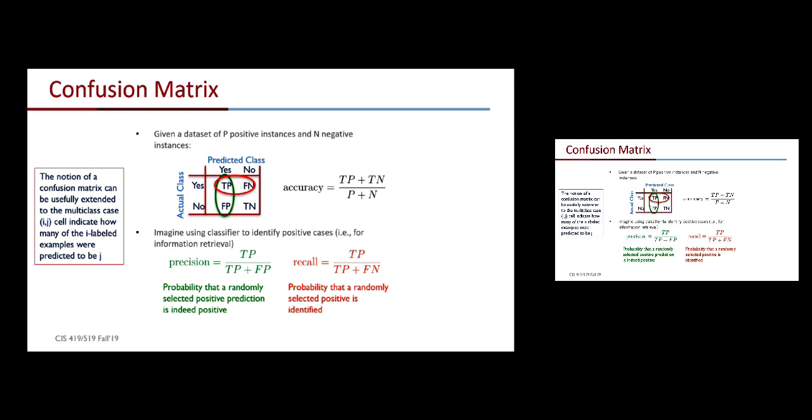And I want to mention that this notion of confusion matrix is actually quite important in general, not only for the binary case. If you have a multi-class classifier of, I don't know, 10 labels, you also may want to draw the same matrix. It's going to be 10 by 10 now. And the ij cell is going to indicate how many of the i labeled examples were predicted as j. And this will give you a good idea of how your predictor is behaving.